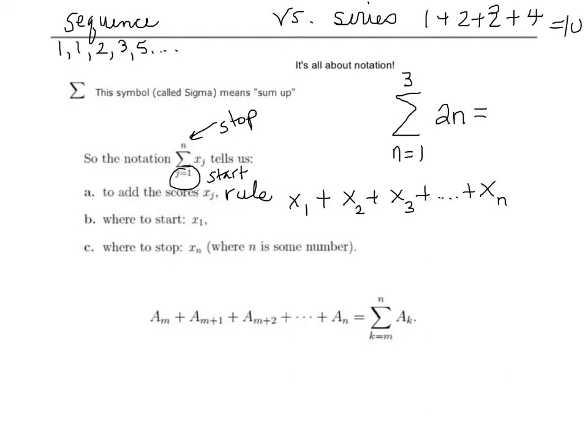So when I go to write this out, I'm going to say 2 times 1 plus 2 times 2 plus 2 times 3. That's going to give me 2 plus 4 plus 6, which is 12. So this whole thing right here would be equal to 12.